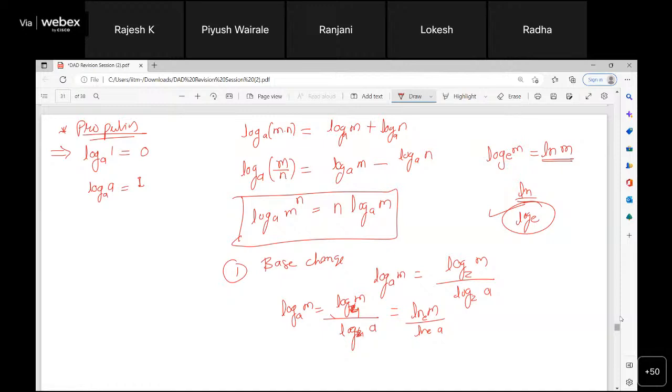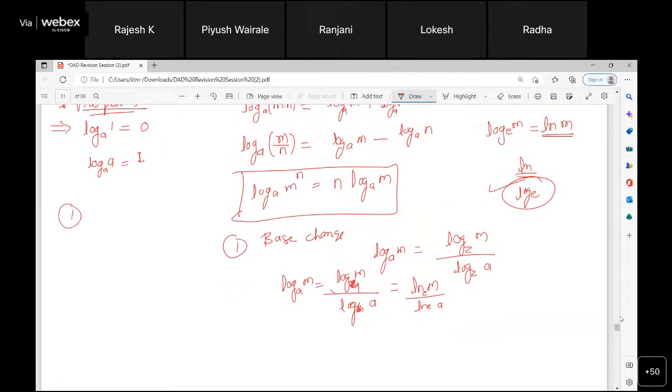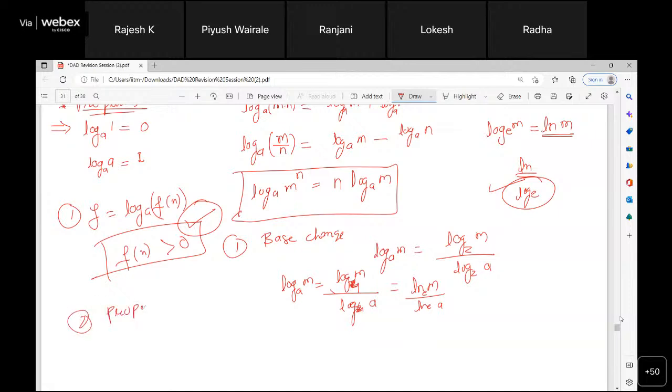So the two important things from this week: first, if y is log of f(x) to any base, then f(x) must be positive, that is greater than 0. That is the first important part. And then next are the properties of log. If you know these two things, you can solve any question.